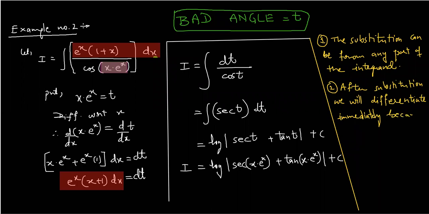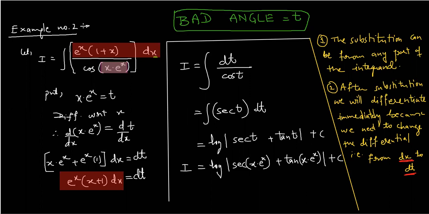Because we need to change the differential, that is from dx to dt. From dx to dt we need to change the differential. Dx will go and dt will come. Okay, two pointers.